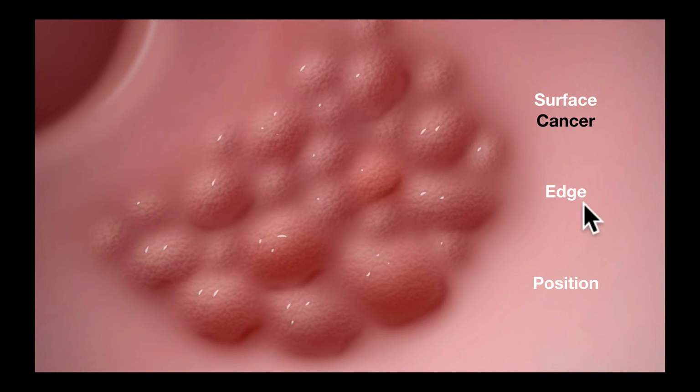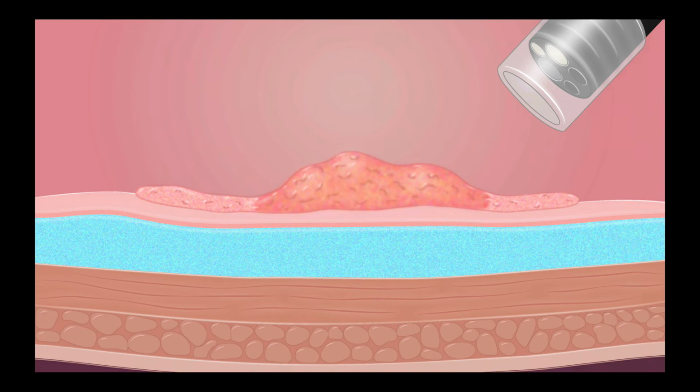Next, let's talk about the assessment of the edge of the lesion for skirt lesion. And what is a skirt lesion? So when you look at this picture, the obvious finding is that the edge is somewhere here, and the polyp extends from here to here.